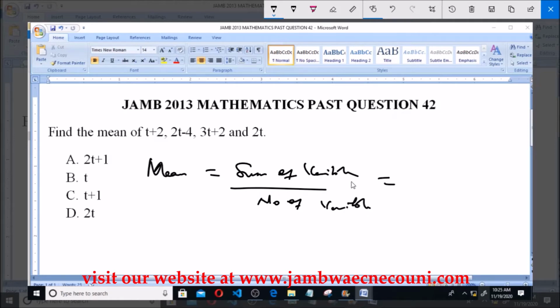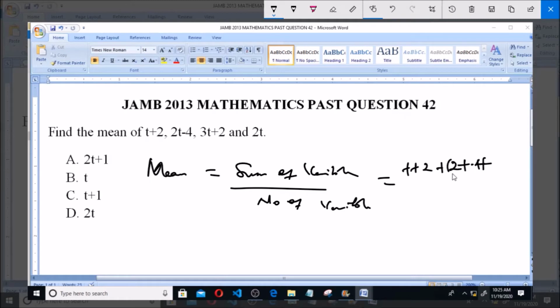Now the sum of the variables is equal to t plus 2, plus 2t minus 4 in brackets, then plus 3t plus 2 in another bracket, then plus 2t, everything over, we have 1, 2, 3, 4, over 4.